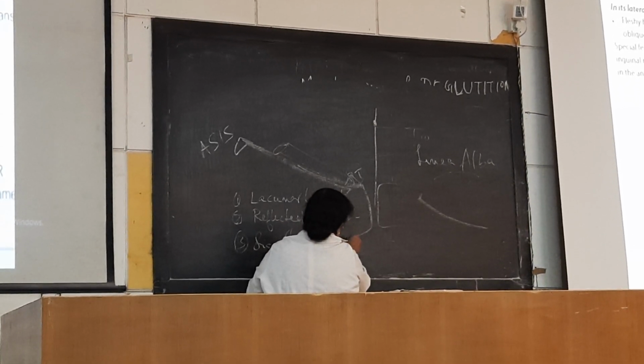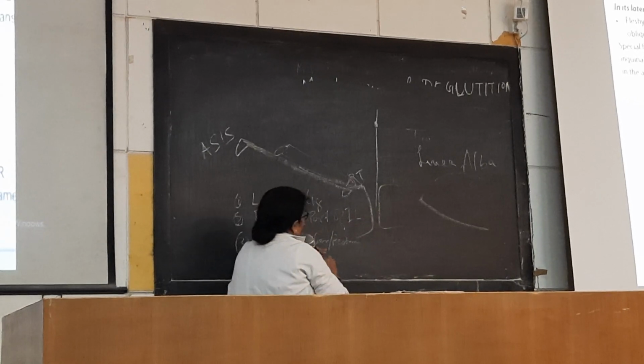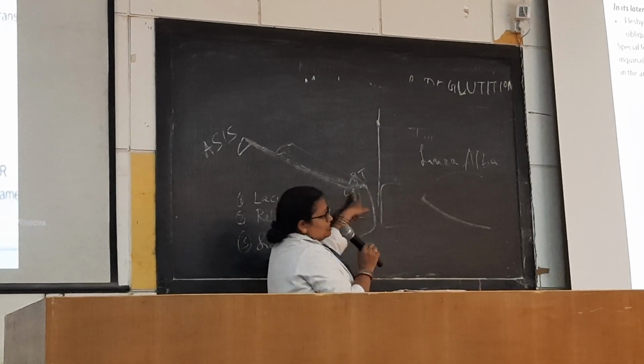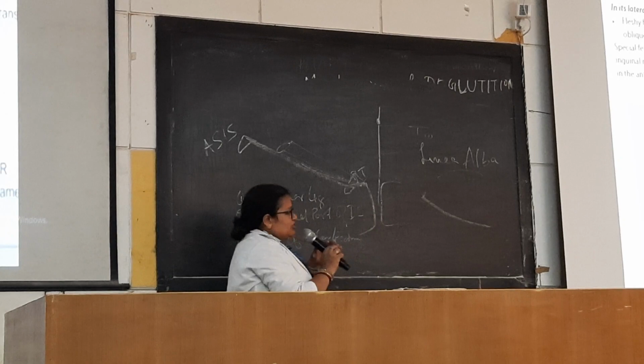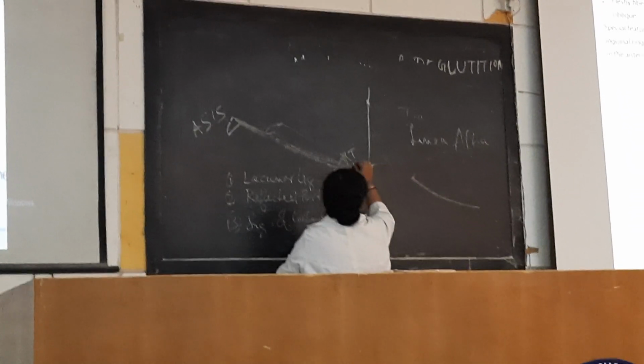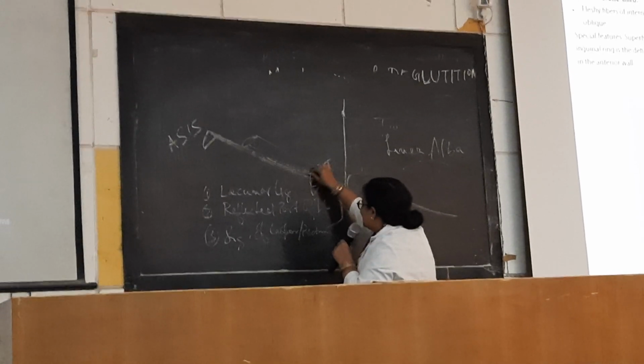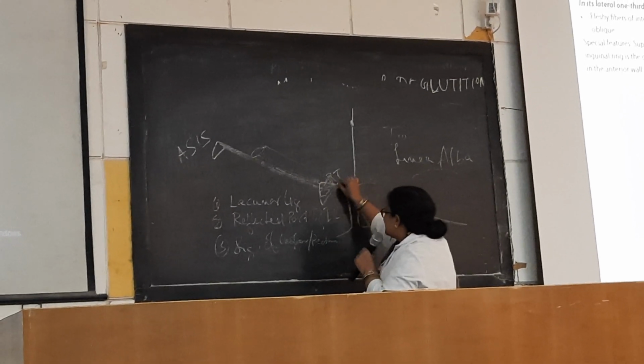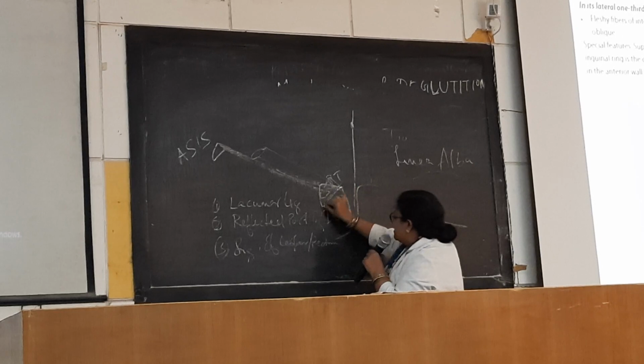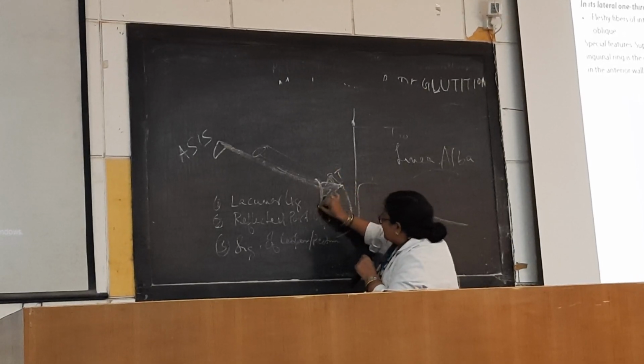These 3 are the extensions of the inguinal ligament medially. The lacunar ligament is a triangular shaped ligament. I show you another diagram. It is like this. The apex is attached to the pubic tubercle and the base is concave.